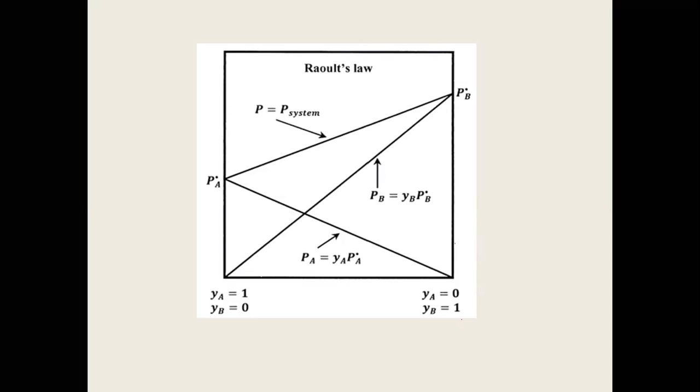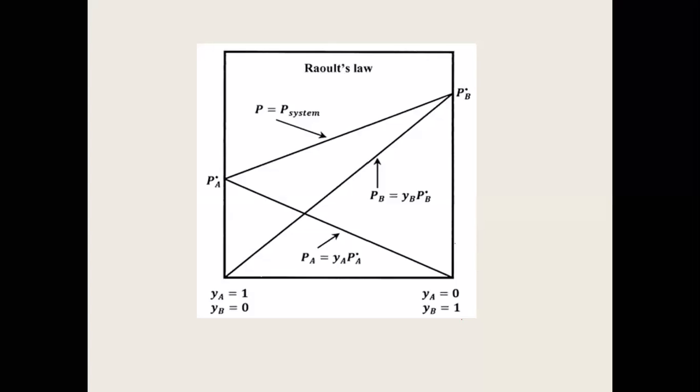The vapor pressure of pure B is PB naught. As you increase the concentration of B, the solution's vapor pressure between the extremes is linearly increasing as the concentration of B increases.